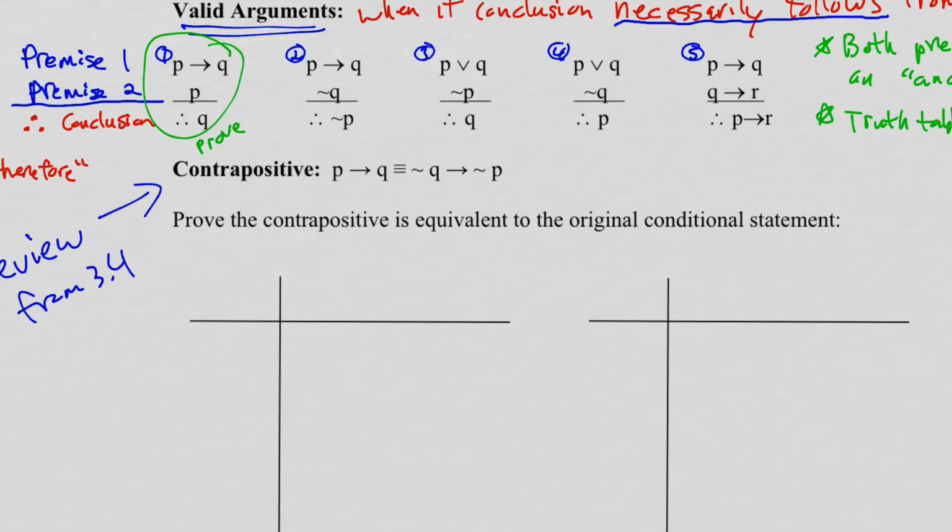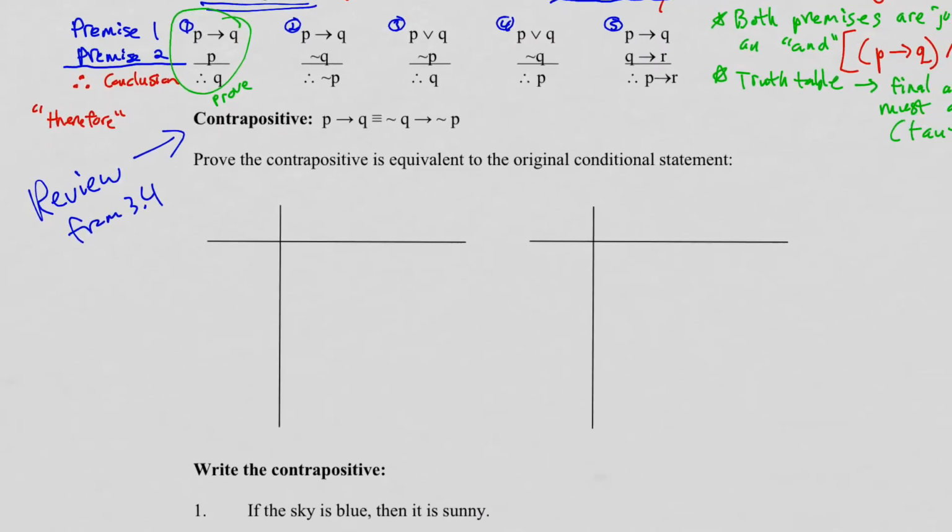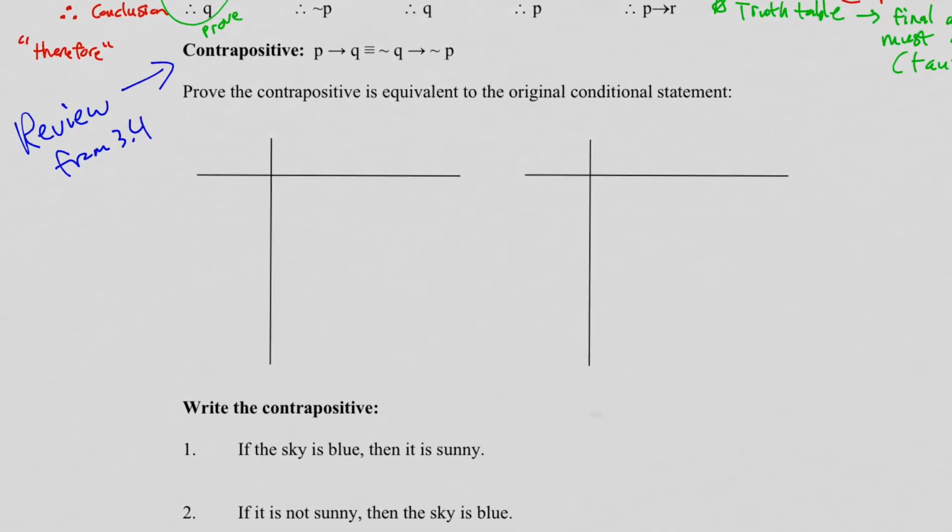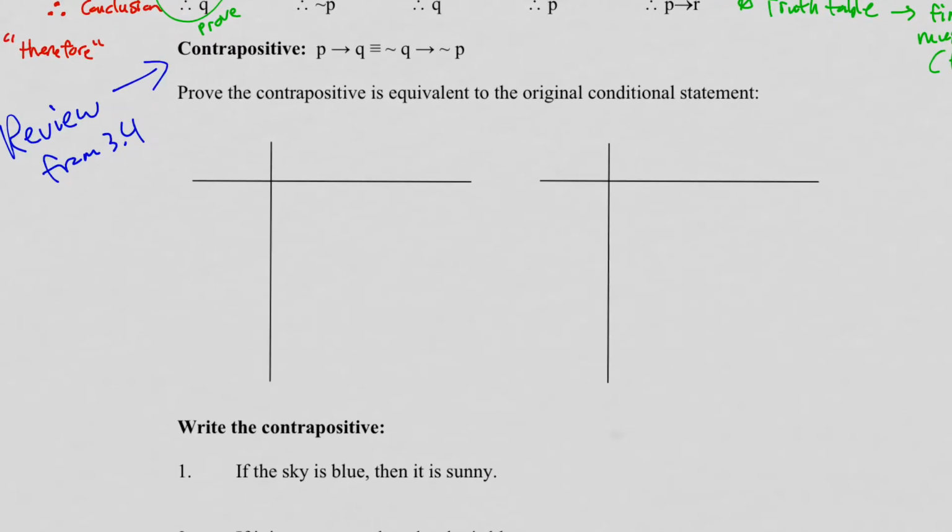So we've proved this in 3.4, or at least we've said it. So let me prove that statement here. I'm going to go ahead and pause the video, and you can do these two separately, which means you want to do this one here and this one over here, just to make sure, if you have any doubts, that these two statements are equivalent.